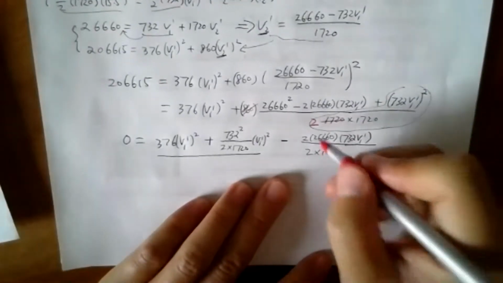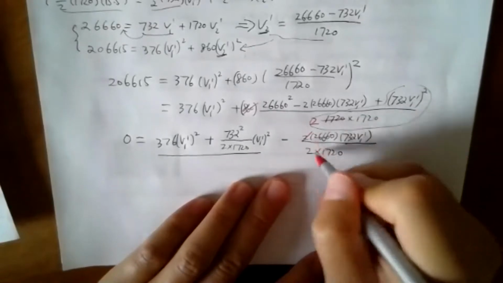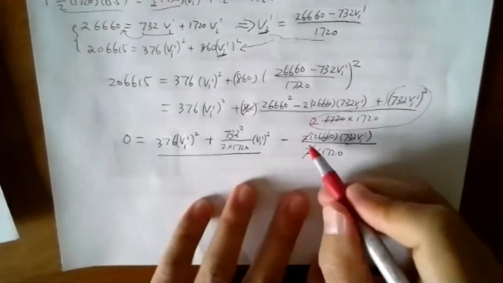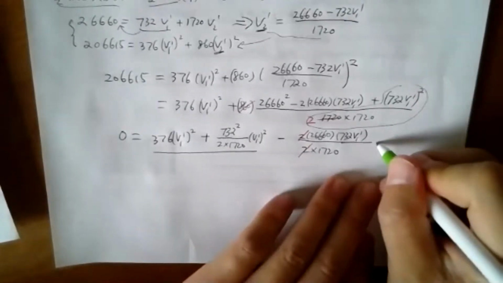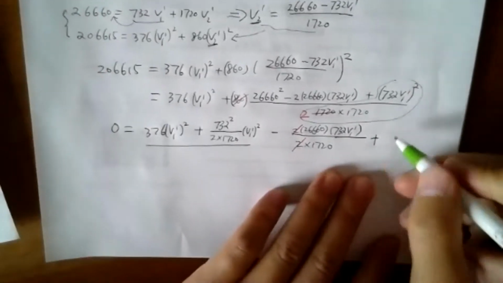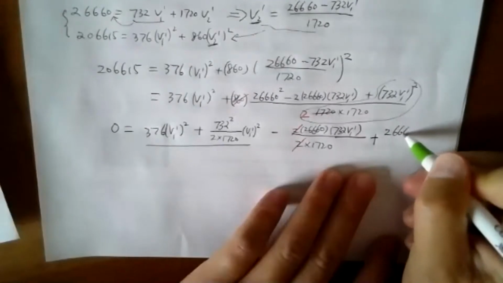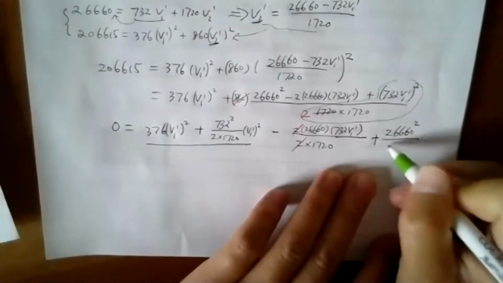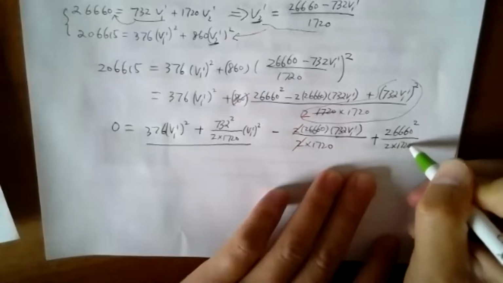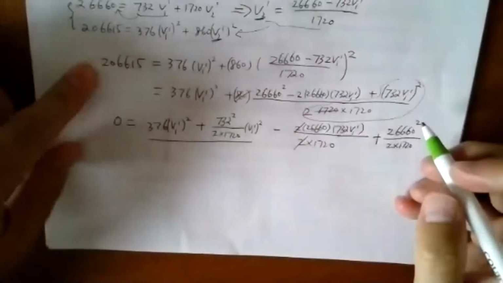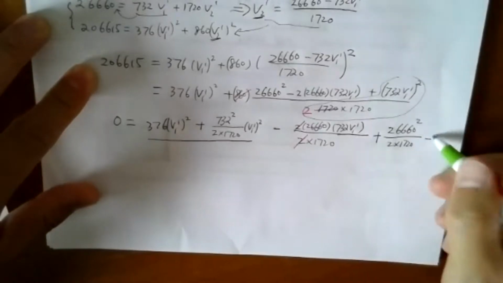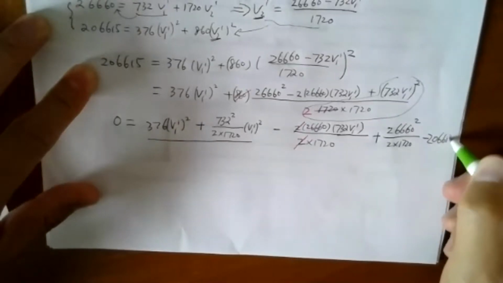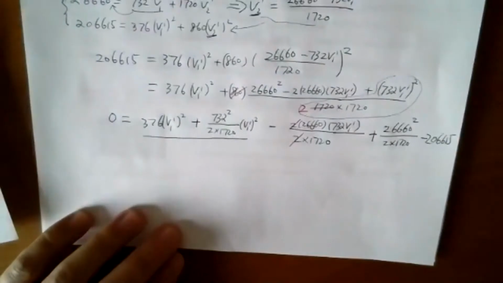A little bit tedious here, but if you are careful, you should get to the right answer. The 2 and 2 will cancel out. Now the constant term: plus 26660 square divided by 2 times 1720. And don't forget about that term we moved to the other side of the equation, so minus 206615.